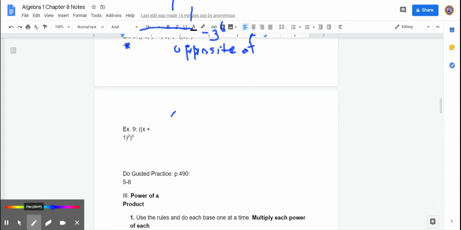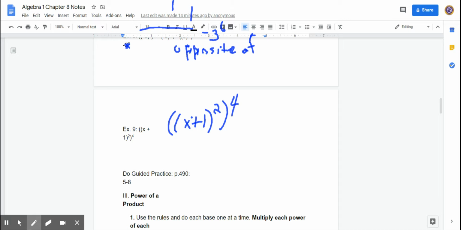So this says, that's what that's supposed to be saying. For some reason when it downloads, it messes it up. So in this case, what's the base? In this case, your base is the x plus 1. So we keep the base and we multiply the exponents.